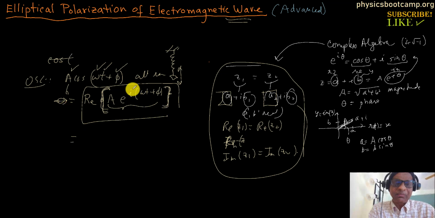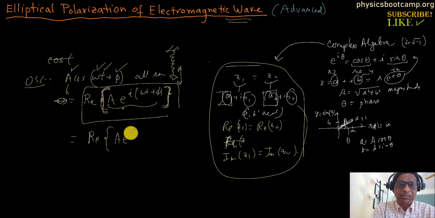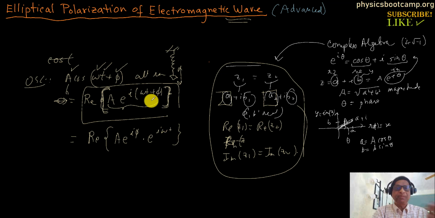Further, sometimes e to the i omega t may be common in all calculations, so it's going to be nice to just separate this out as e to the power i omega t.